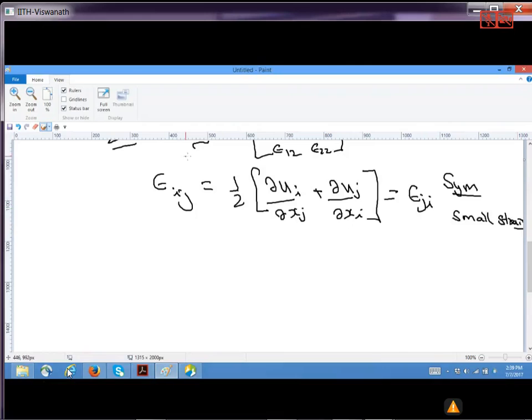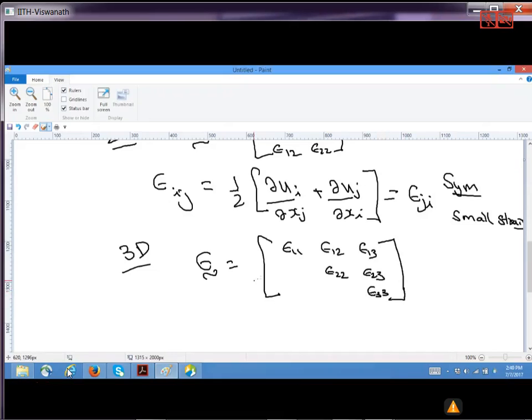Similarly, in the 3D case, epsilon is written as epsilon 11, epsilon 12, epsilon 13, epsilon 22, epsilon 23, epsilon 33, and this being the symmetric part of it.